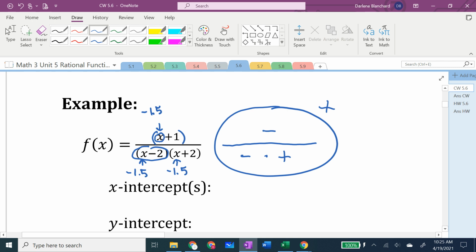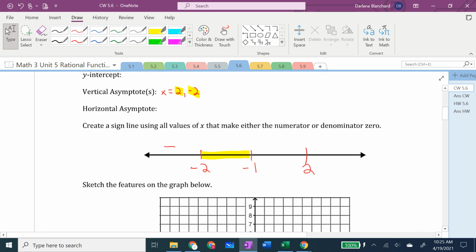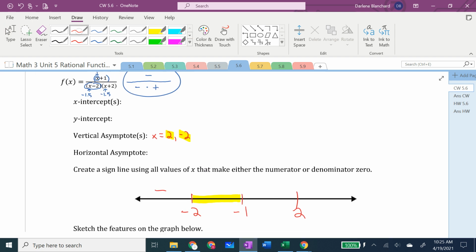So what you're doing is, after you put down on this number line the values of x that make the numerator or denominator 0, so there are 3 of those numbers, you put them in order on the number line, and this gives you 4 spaces. So I've got space number 1, space number 2, space number 3, and space number 4.